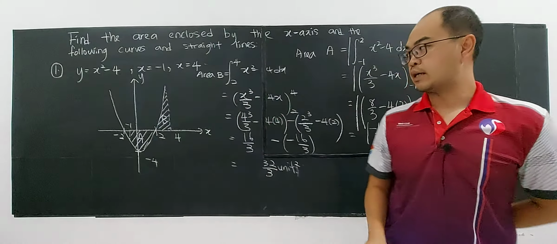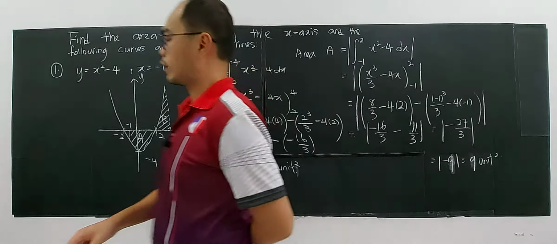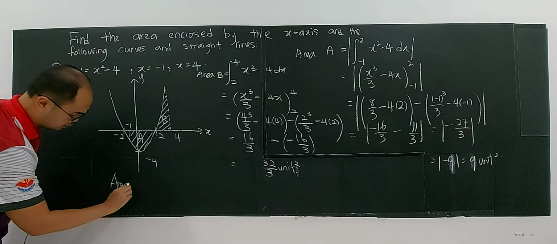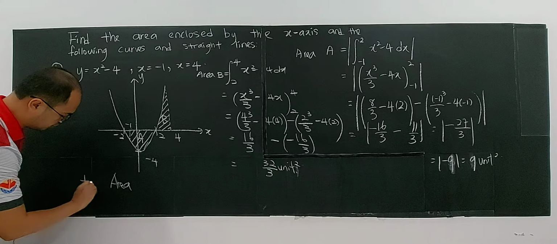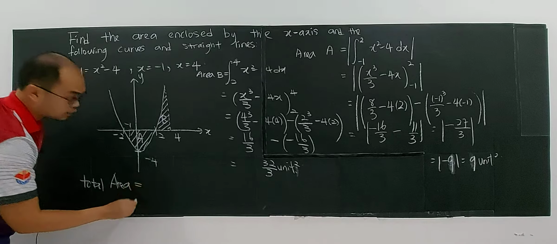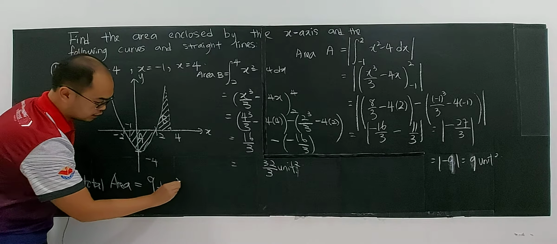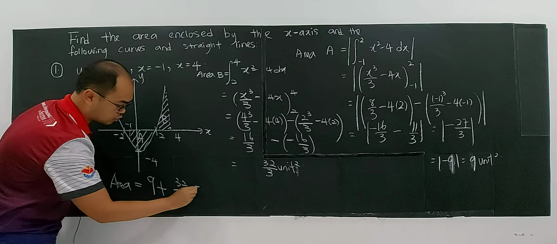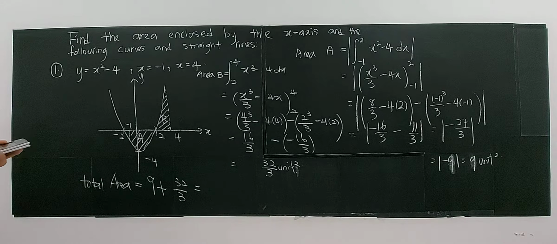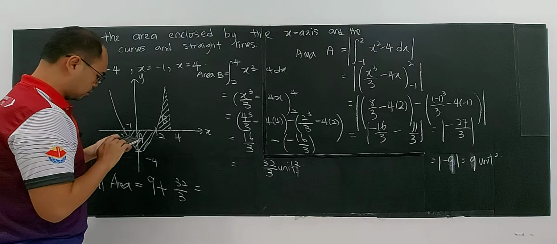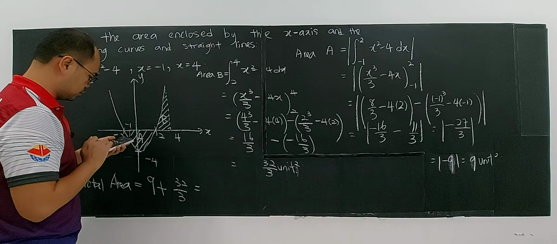So the total area of the shaded region will be the area of A, which is 9 units square, plus 32 over 3 units square, which gives 9 plus 32 over 3, which is 59 over 3.